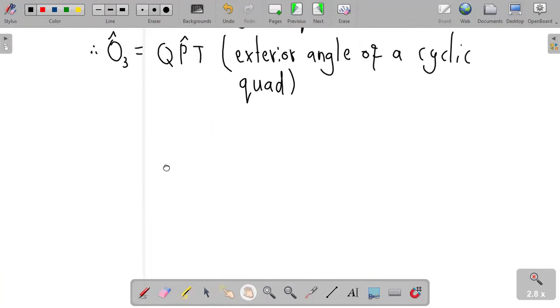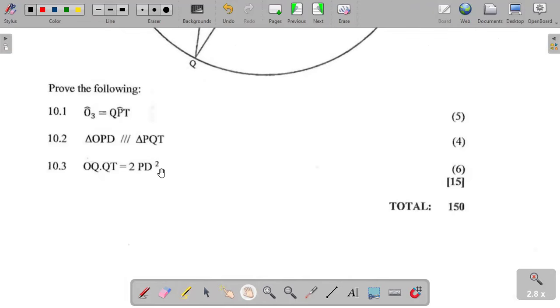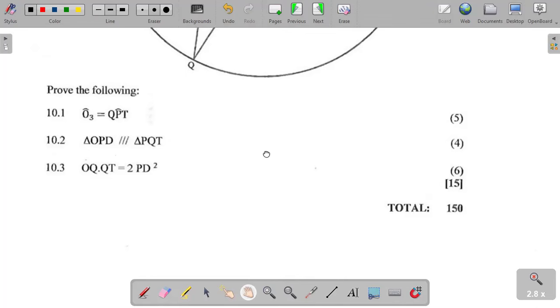And then let's go to 10.2. They say prove that triangle OPD is similar to triangle PQT. So we just have to show two angles, isn't it?